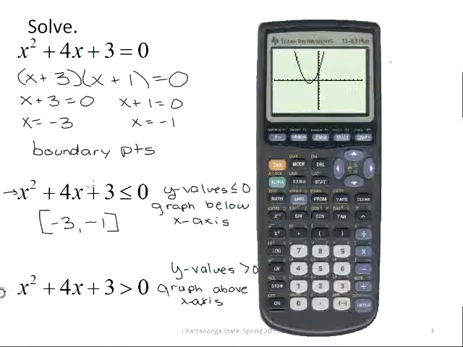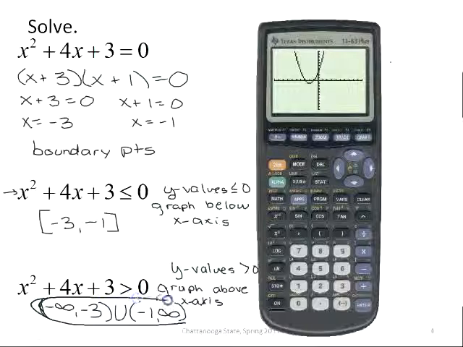This portion of my graph corresponds to x values that are less than -3, so that would be from -infinity up to -3. And then the other portion of my graph corresponds with x values that are bigger than -1. So here I have a compound statement for my solution.